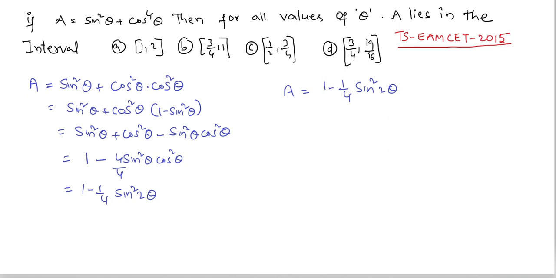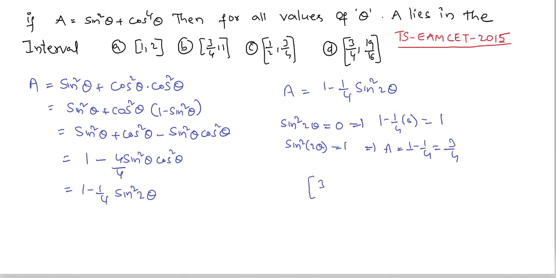Put sin square 2 theta is equal to 0, that means minimum value is 0, that is 1 minus 1 by 4 into 0, that is equal to 1. And put sin square 2 theta is equal to 1, implies a is equal to 1 minus 1 by 4, that is equal to 3 by 4. So a lies in the interval [3 by 4, 1]. Here second option is correct answer.